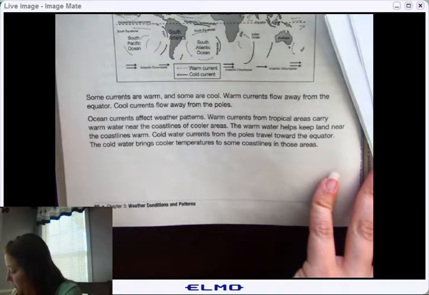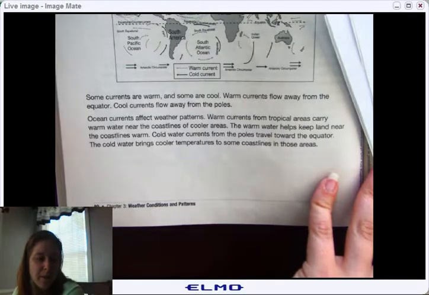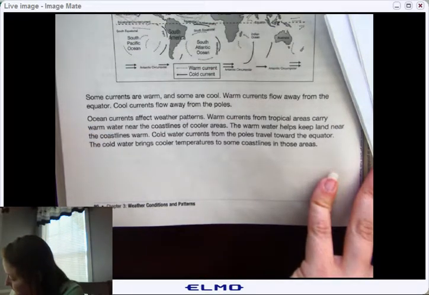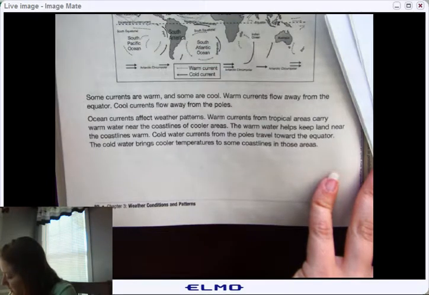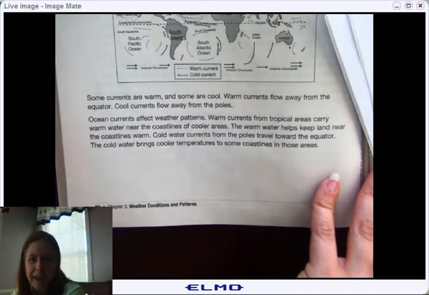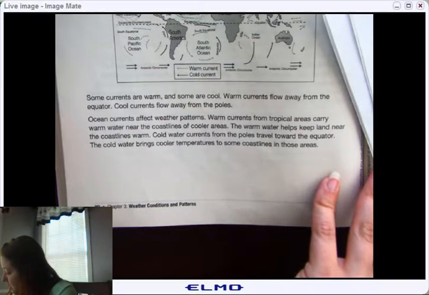So warm currents from, where is the warm water coming from? The equator. It says the equator areas, or you can put southern areas if you would like. Carry warm water near the coastline of the cool areas, keeping land near the coastline warm.